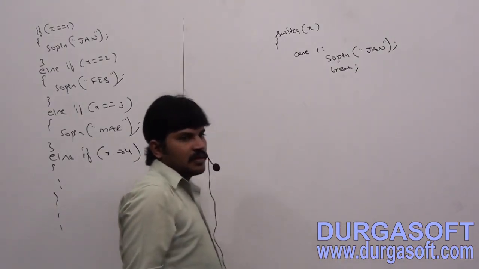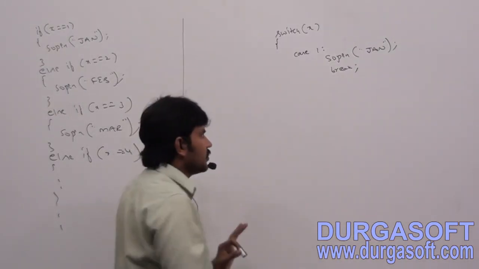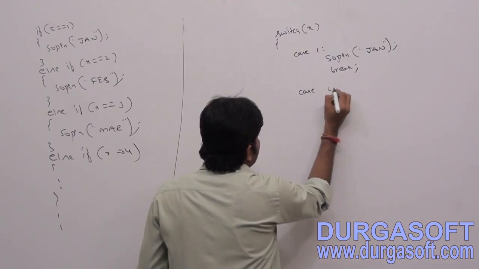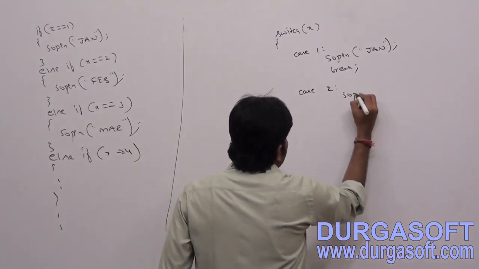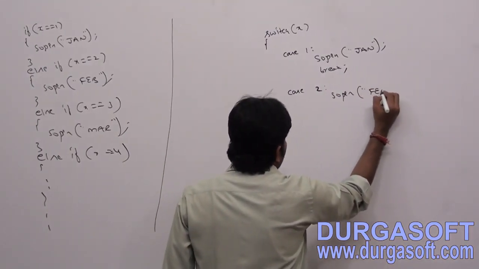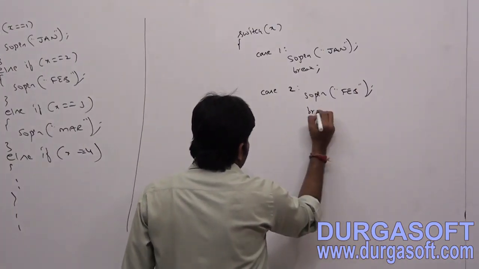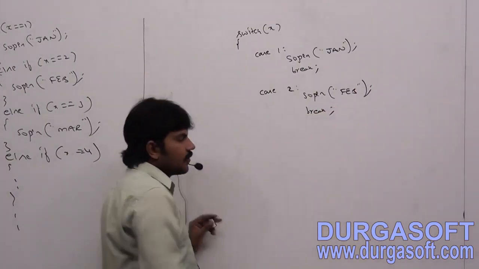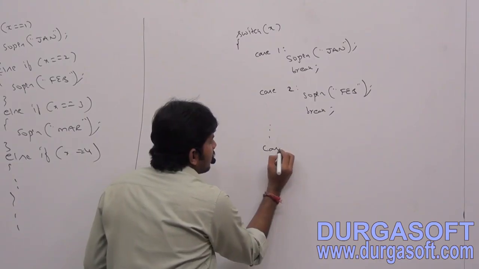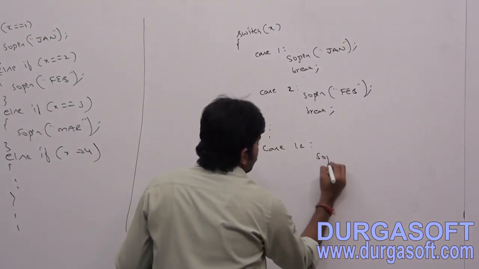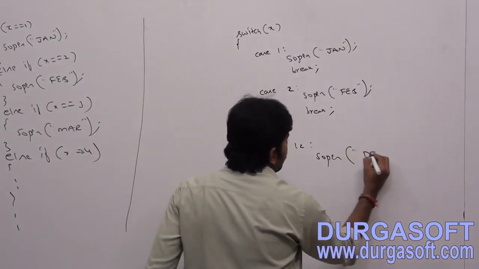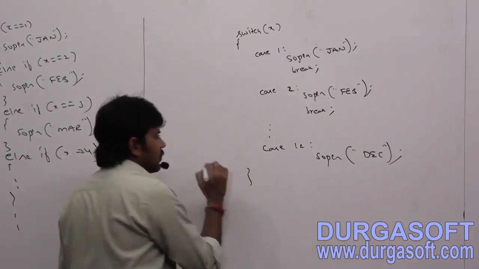If the x value is 1, it prints John, January. Case 2, System.out.println Feb, and then break. Case 12, System.out.println DEC, like I am taking.